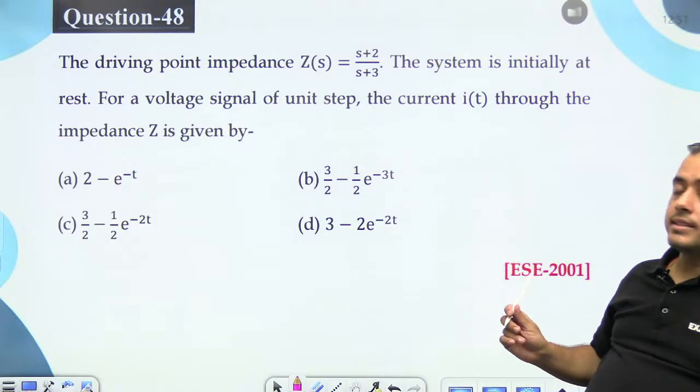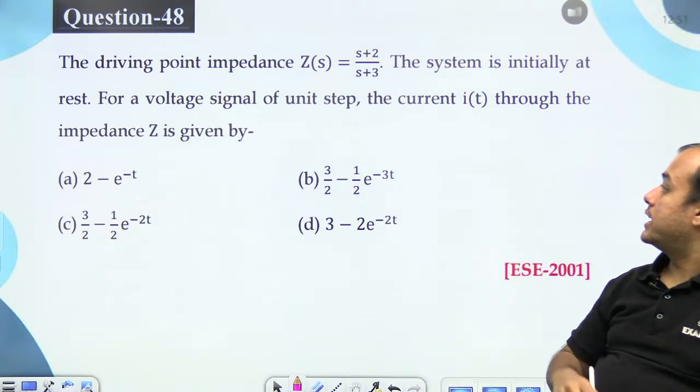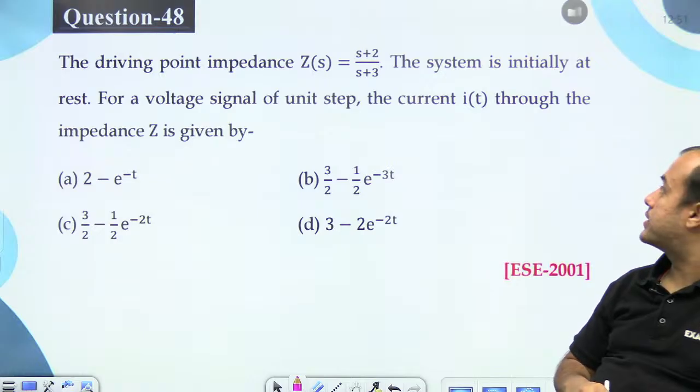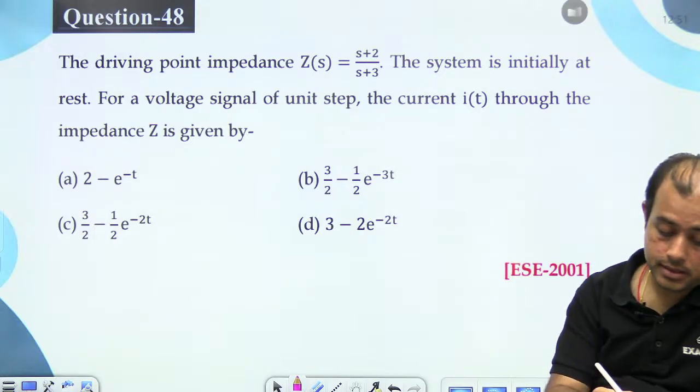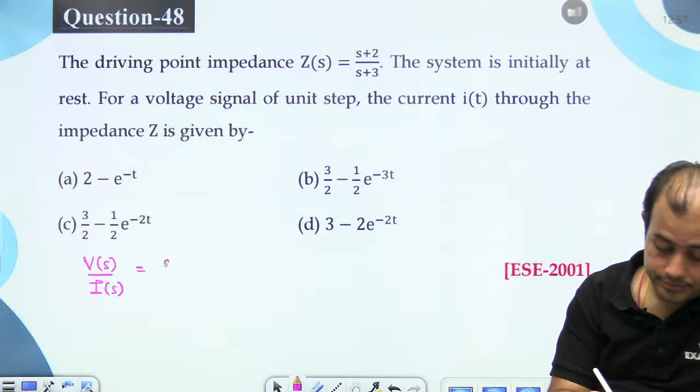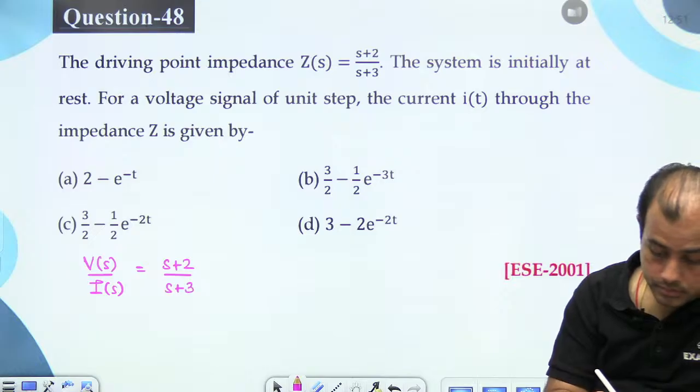Driving point impedance, ESE 2001. Driving point impedance, system is initially at rest. For a voltage signal of unit step, the current will be. So driving point impedance is Vs by Is. Voltage is unit step.